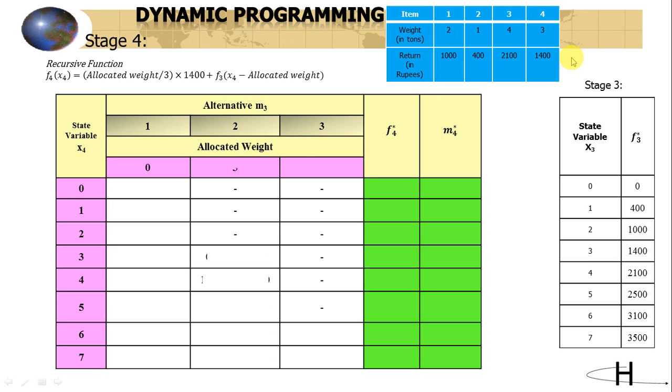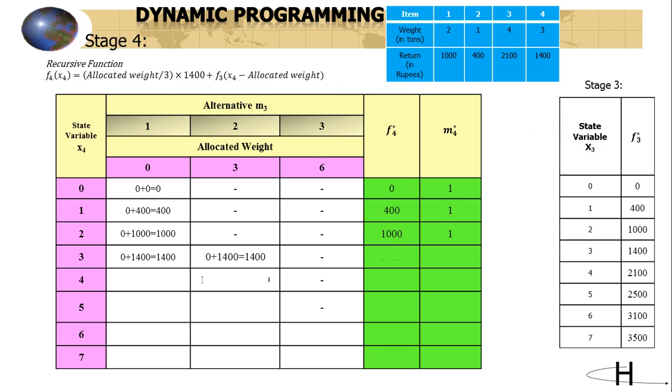Recursive function will be allocated weight divided by 3, this 3 multiply by 1400 plus f3 of x4 minus allocated weight. So by using that recursive function, these values are obtained.